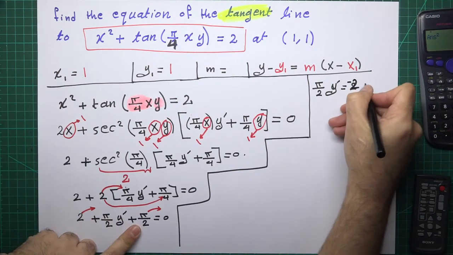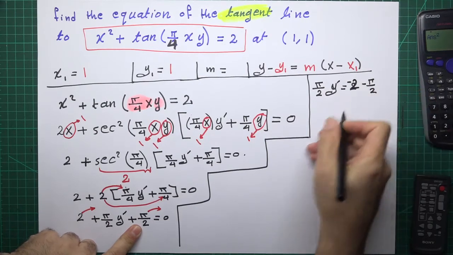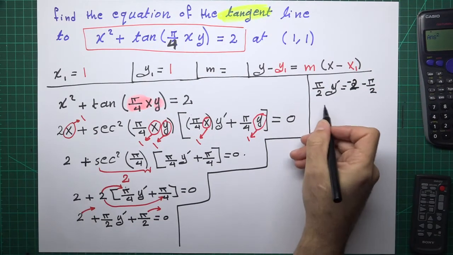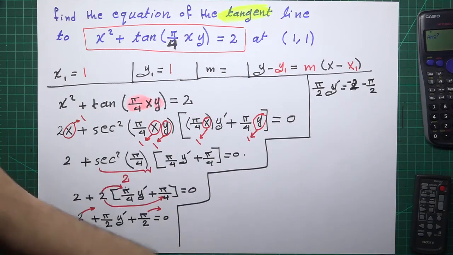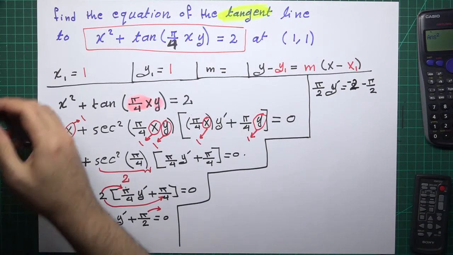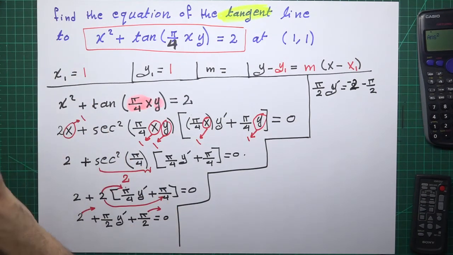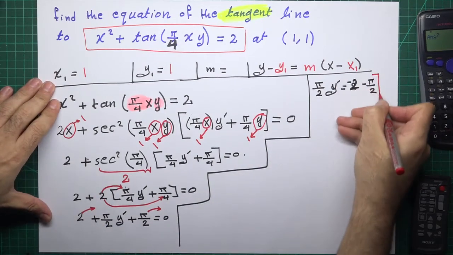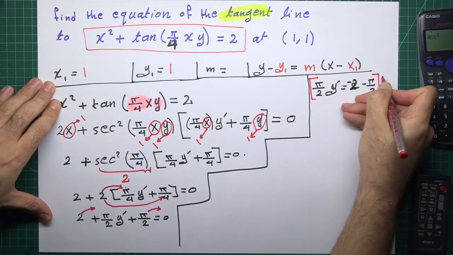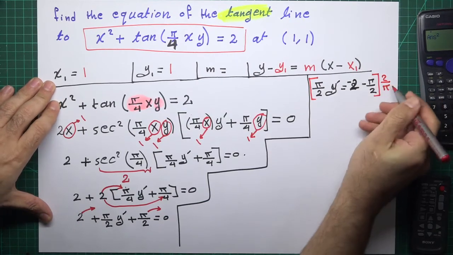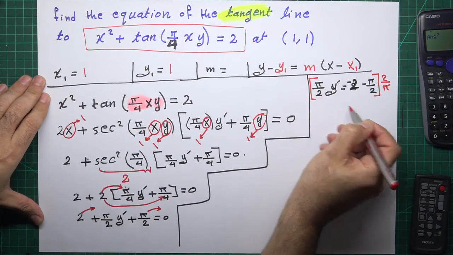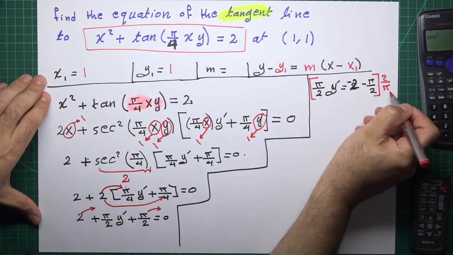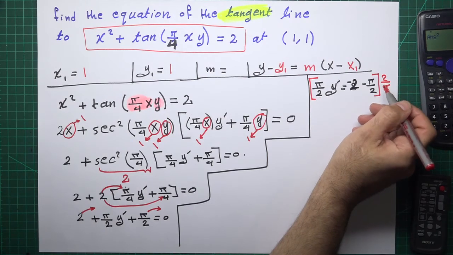Then pi over 2 minus pi over 2. الآن you will multiply both sides by the reciprocal of y prime coefficient. يعني يا ترى كيف بدي أجيب y prime لحالها؟ I will multiply the whole by 2 over pi. Do you know why 2 over pi? لأن y prime multiplied by pi over 2. If you multiply by 2 over pi, it will be y prime alone.